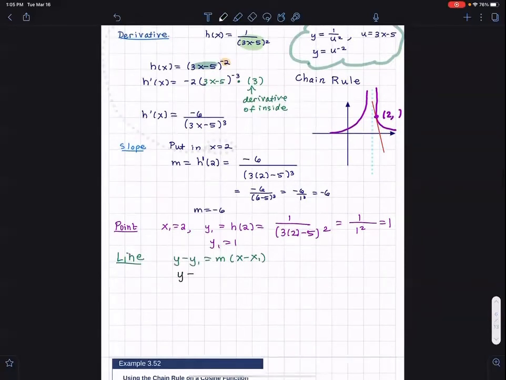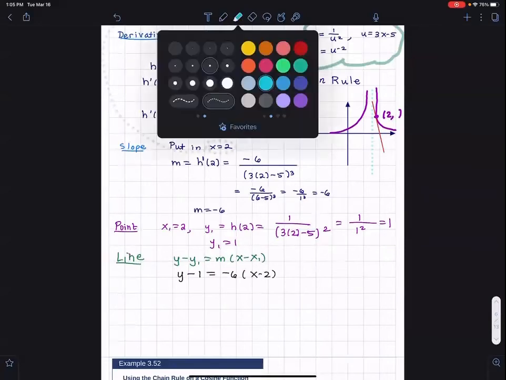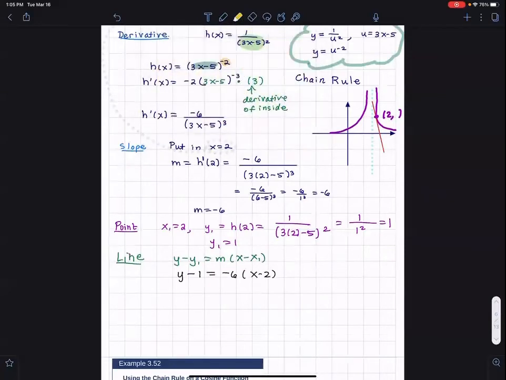So we have y minus 1 equals -6 times x minus 2. I'm putting in these values that I found for the slope, for y1 and for x1. So I get y minus 1 equals -6x plus 12. So y equals -6x plus 13.